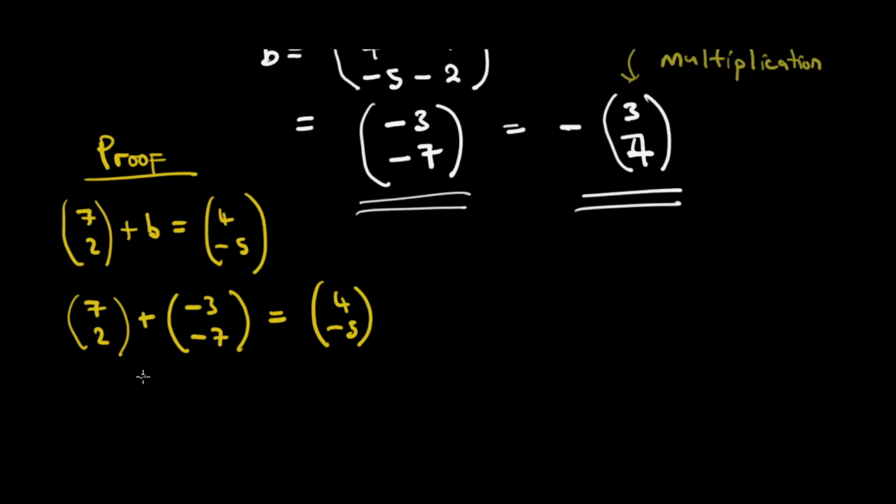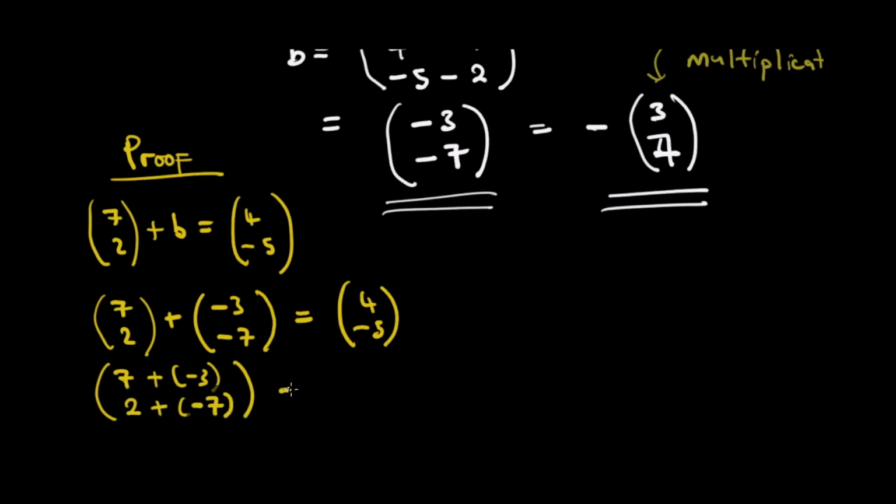Tadai so manje zvatakuita ndezvekuti takuedda kunoku toona kuti our solution kana kuti our sum ku left hand side ichava equal here to 4 minus 5, which is on the right hand side. Saka kuenda panapa tichashandisa matrix addition kureva kuti tichaita 7 plus minus 3 pazasi inenge iri 2 plus minus 7. This is equal to 4 minus 5.